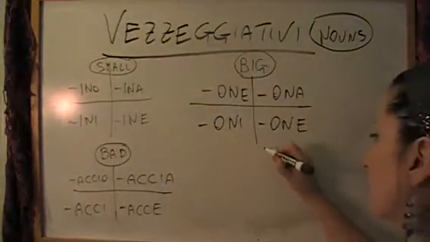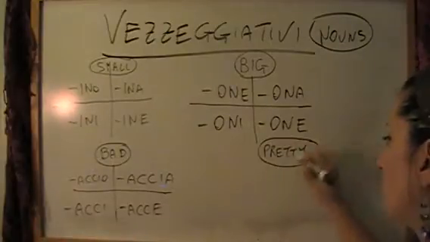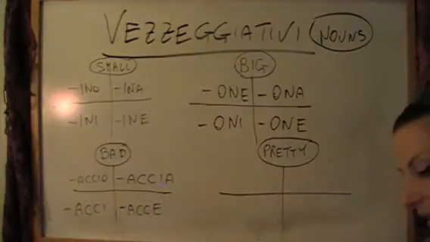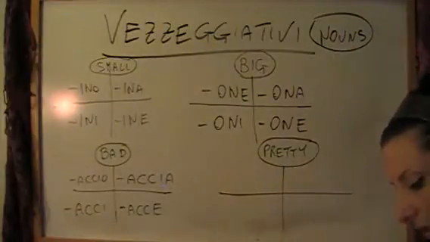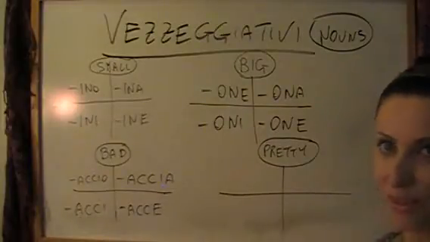Then there is another one that means pretty. Pretty is the most difficult one because there are different versions according to the part of Italy, according to the dialect.